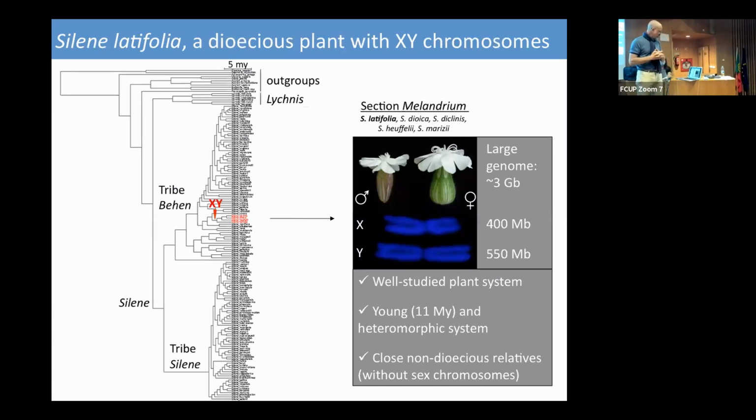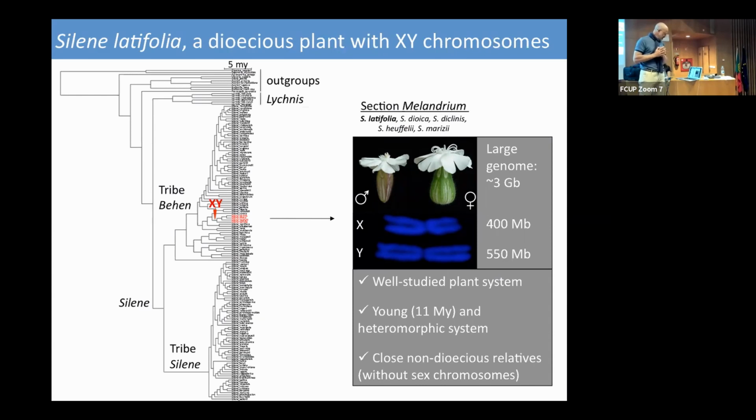Silene latifolia is a Caryophyllaceae. It's called white campion, and it's a very common plant. And it's a dioecious plant with an XY system. It's a very well studied dioecious plant since Darwin, actually.